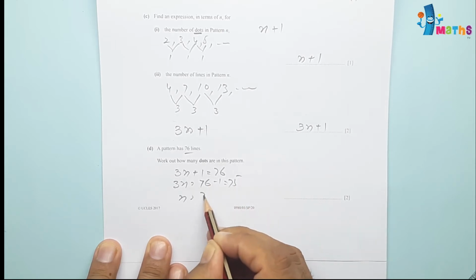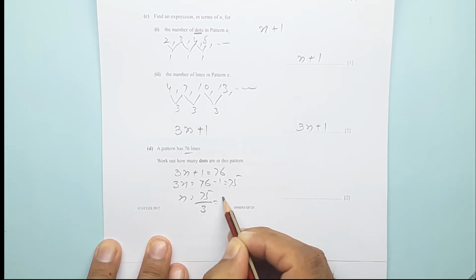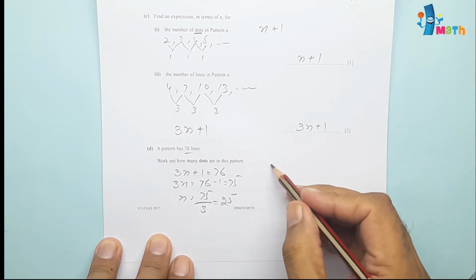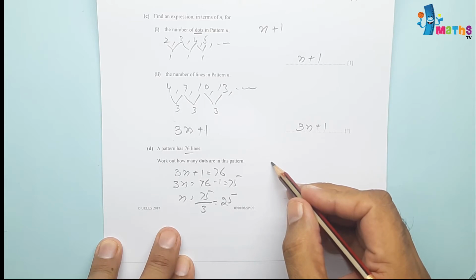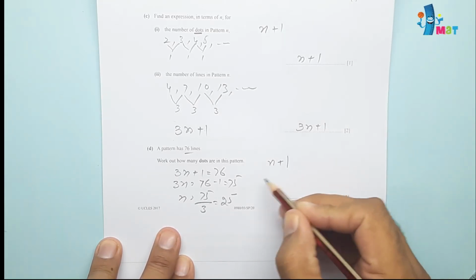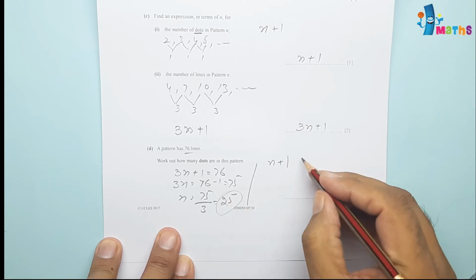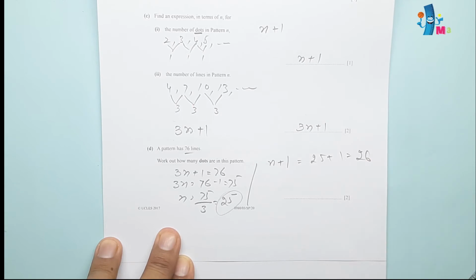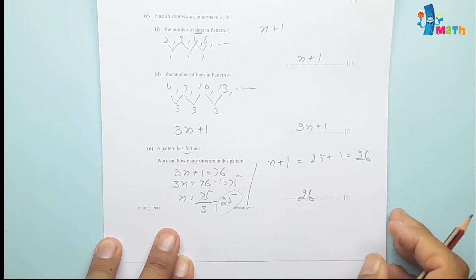So n is equal to 75 over 3, which is equal to 25. But we know that for dots we are having the formula n plus 1, and n is 25, so this will be equal to 25 plus 1, which is 26. So we can write here 26.